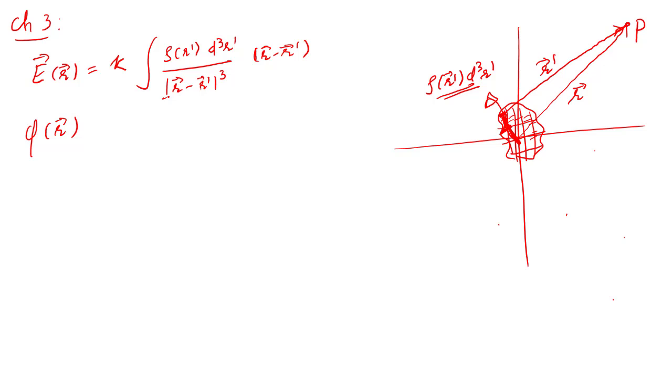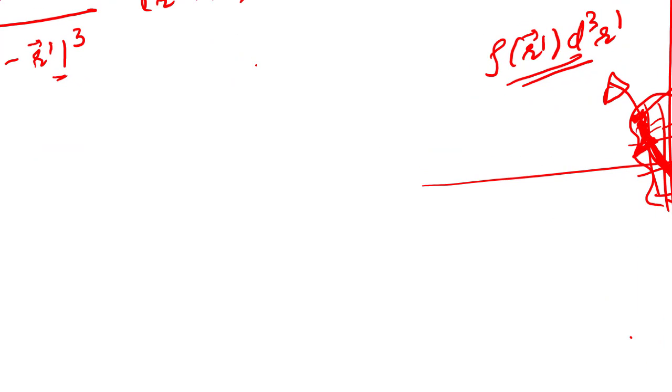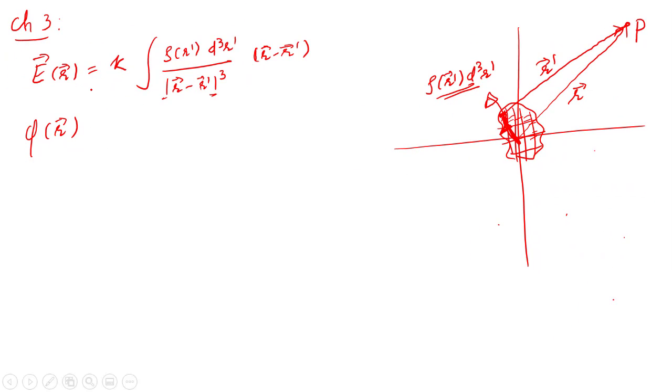So here this is the magnitude and this is just the vector r minus r prime because the electric field is along r minus r prime. So we're including the direction, so that's why we have a cube here instead of a square. This is not a magnitude, this is within the square brackets.